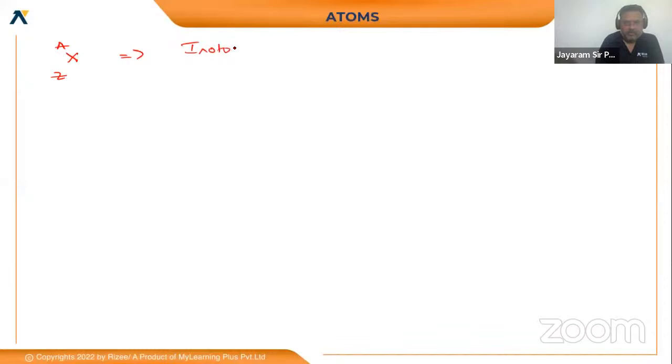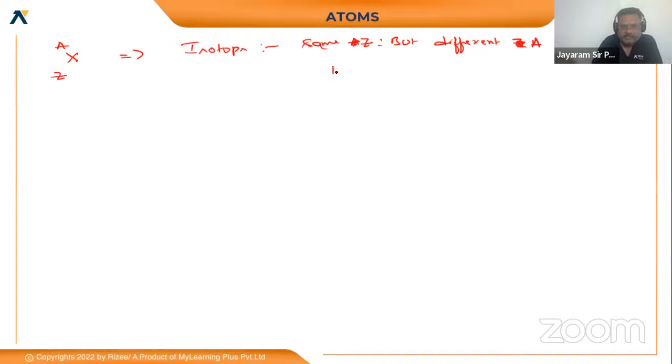According to that, there are different things. What do you mean by isotopes? Isotopes are those elements having the same atomic number, same Z value, but different A value. Mass number will be different.